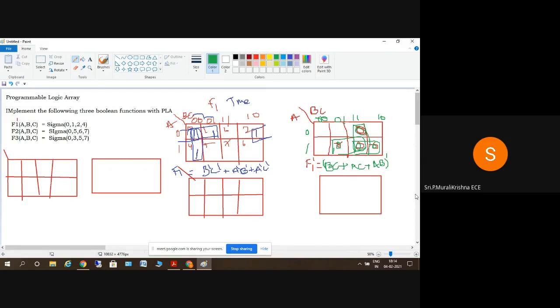You can select F1 or F1 bar, F2 or F2 bar, but you have to select only one of them. We have to select F1 or F1 bar, F2 or F2 bar, and F3 or F3 bar in such a way that there are common terms shared between them.